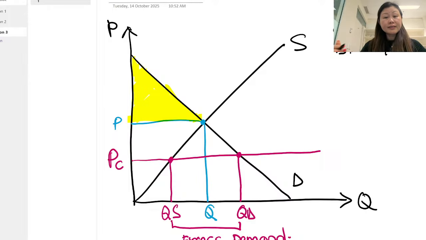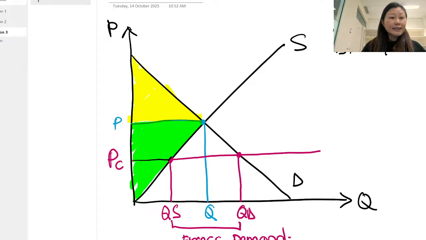So my producer surplus is the area above the supply curve and below the price. So this area is my producer surplus. Okay, I haven't labeled it yet, so just bear with me for the moment. We are going to eventually label all of them.